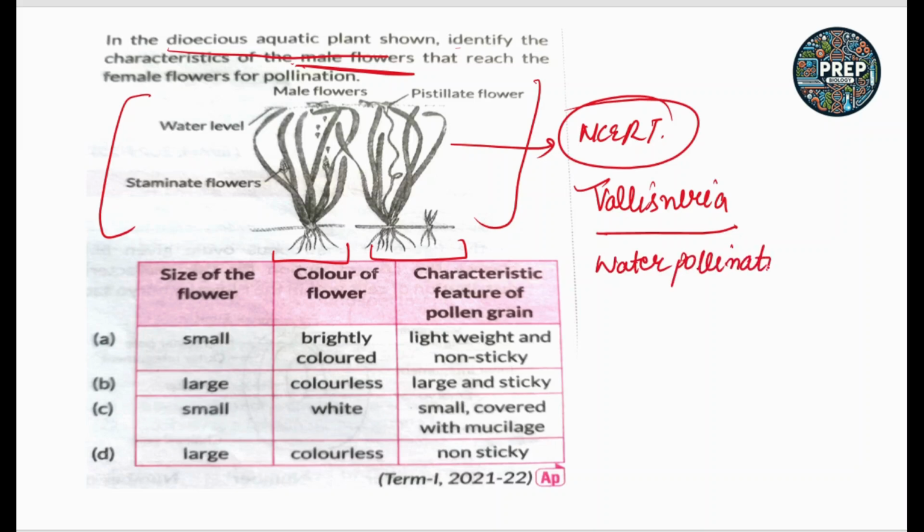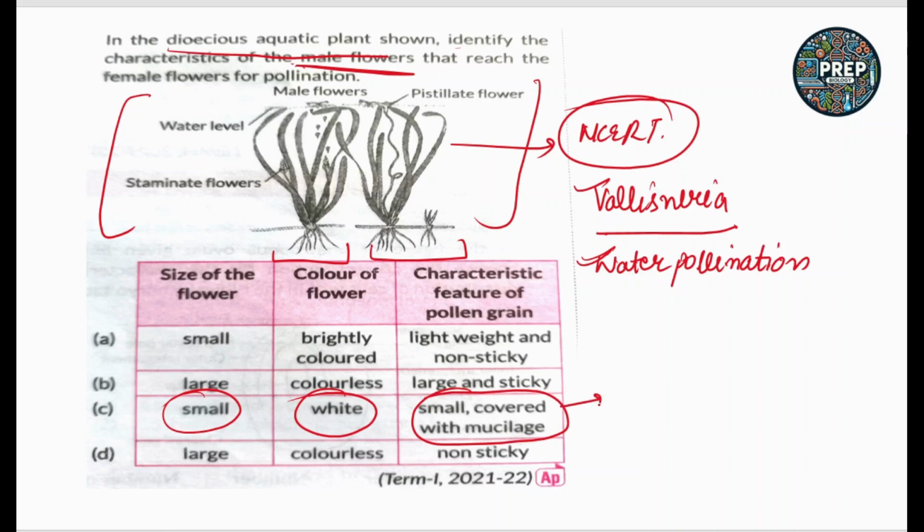We have already discussed the characteristics of the Vallisneria flowers separately, male flower and female flower. So you all have to identify the characteristics of the male flower. So we know that the male flower is small and white, and it is covered by mucilage.